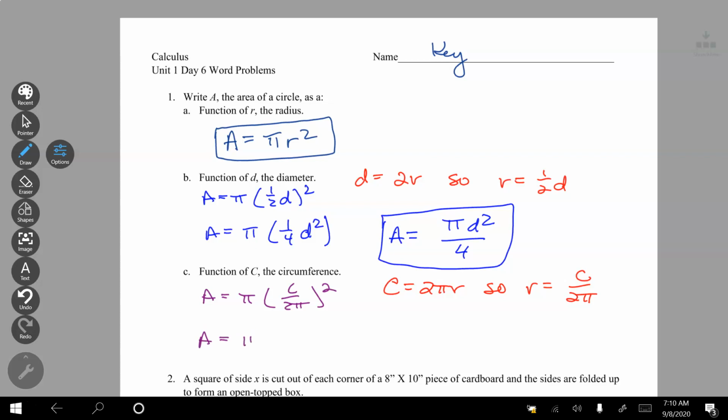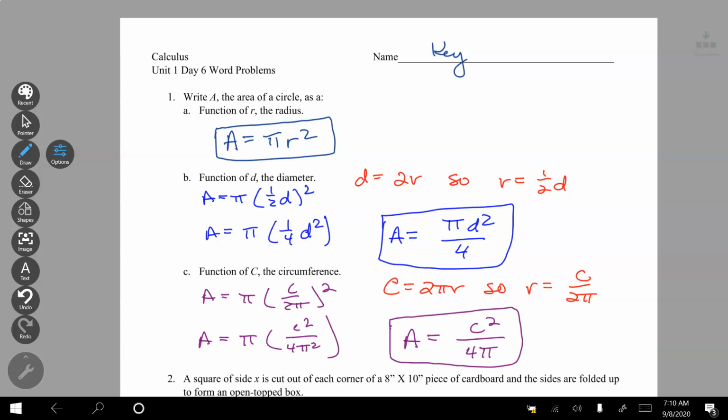I distribute that square, c squared over 4 pi squared. And I multiply it through, and one of the pi's will cancel, and I get A equals c squared over 4 pi. So if I happen to know the circumference of a circle, I can figure out its area.